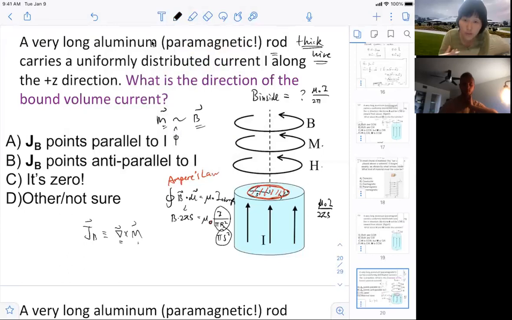That is your total current through that area. It's not going to be the entire current because you're only letting through a small portion of that, right? You're using your Ampere's loop. So by doing this, we have derived that B inside a thick wire is proportional to S: mu naught I over pi r squared times S.